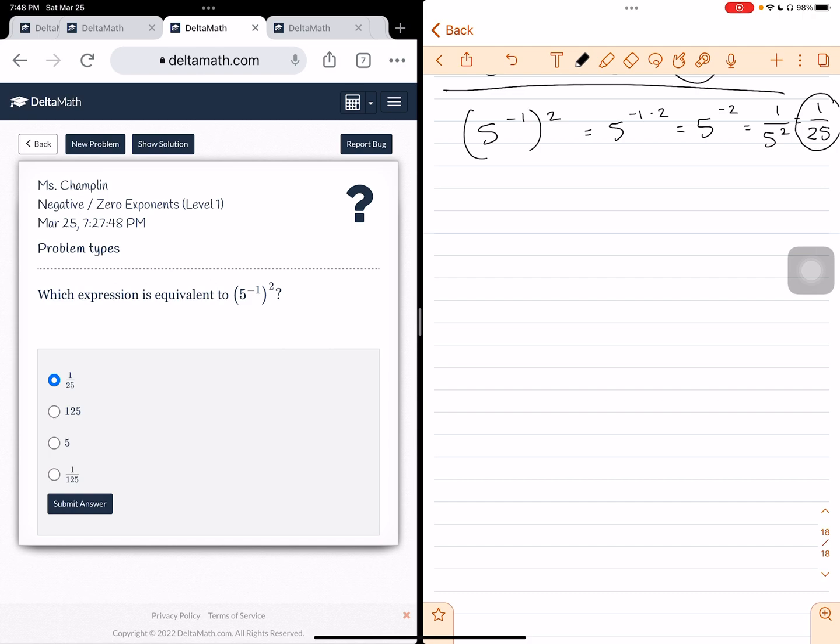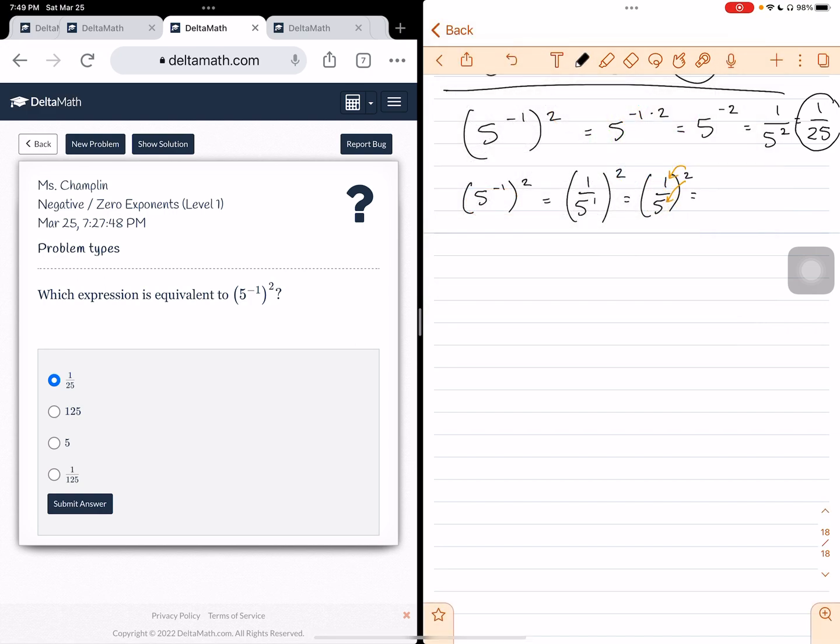Another way, if you had first decided to tackle that negative exponent, that would be the same as, inside these parentheses, 1 over 5 to the positive first power squared, which is just 1 over 5 squared, right? Now, with this squared here, you would distribute to each part inside the parentheses.